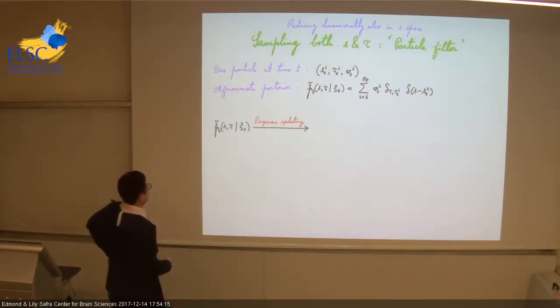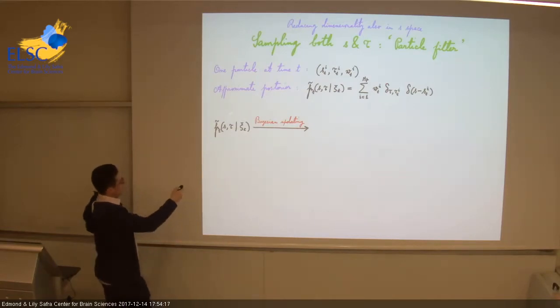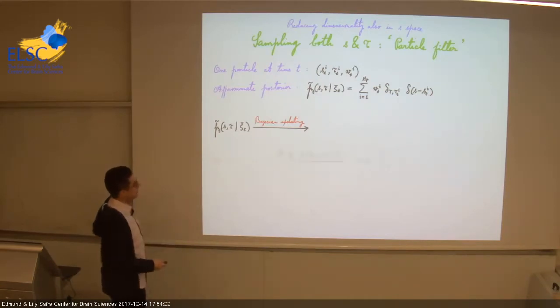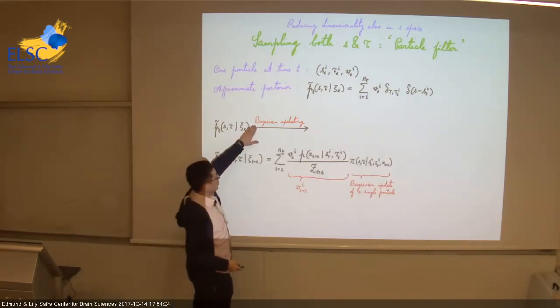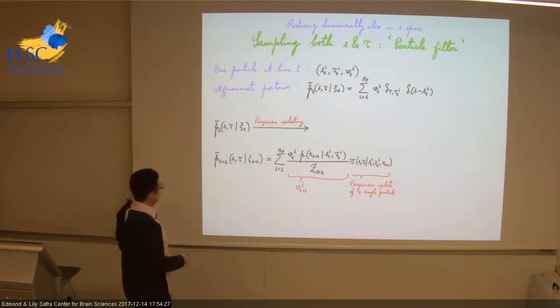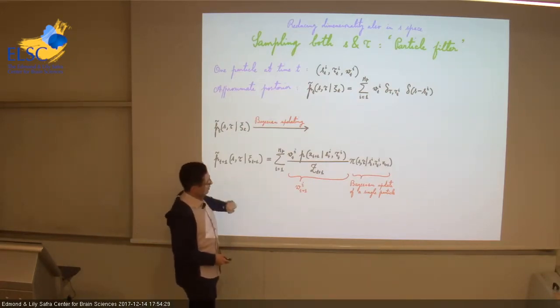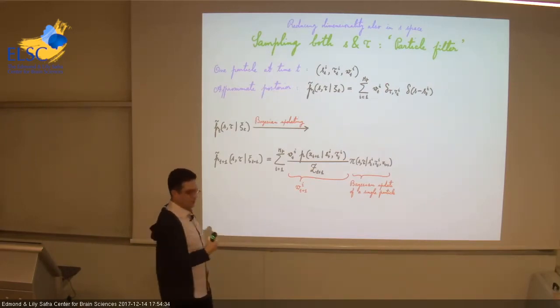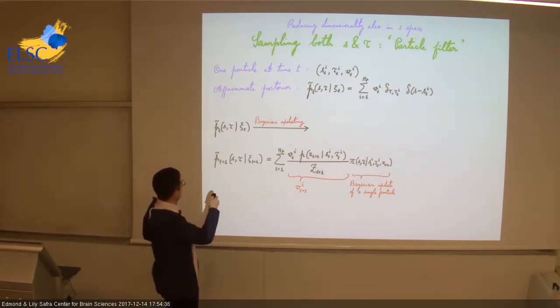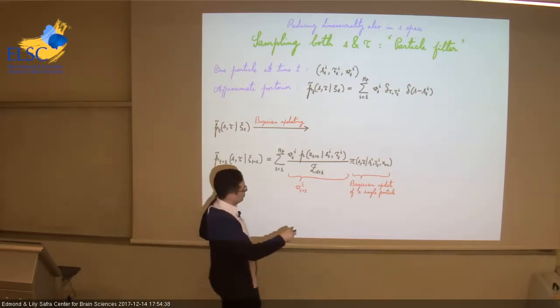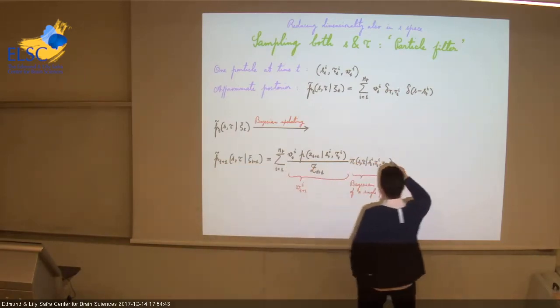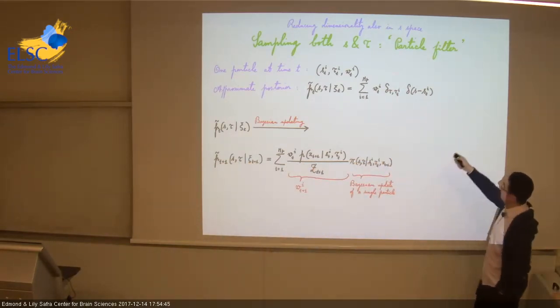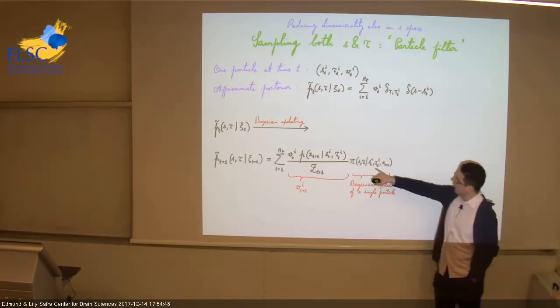Okay? Now, if you take such a posterior, and I put the tilde on to indicate that this is the approximate form, and you update it in the correct Bayesian way, you can rewrite it in a very nice way, which is the sum of some number that does not depend on s and tau, times a function that depends on s and tau. Okay? And this function is simply the Bayesian update of one particle located at this position.